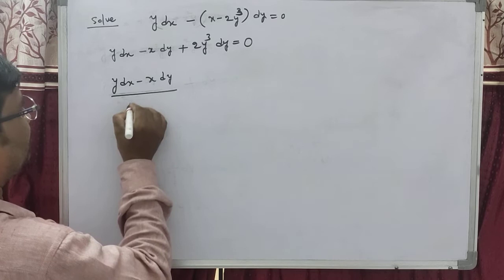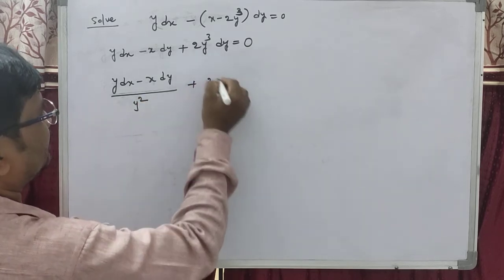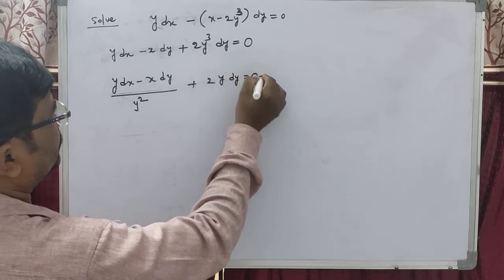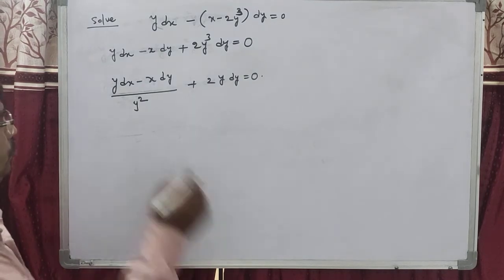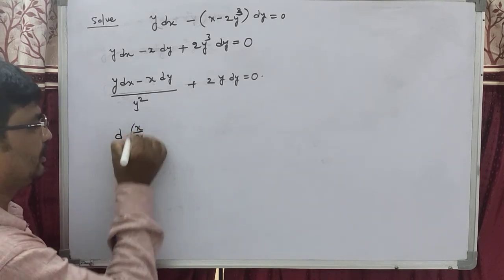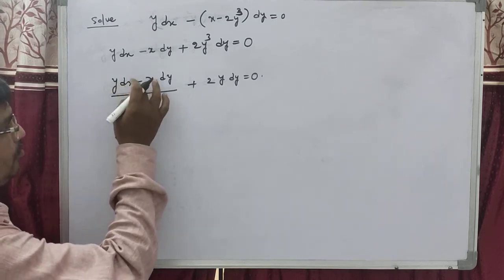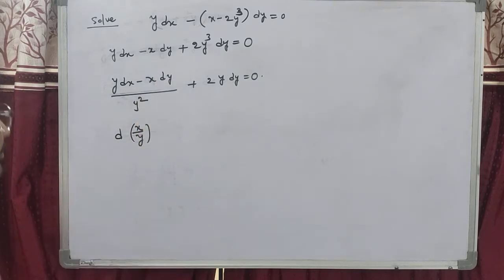Now students, we have to divide it by y square. Then we have 2y dy equal to 0. So dear students, how can you write this? We can simply write the derivative of x by y: y into derivative of x, dx, minus x into derivative of y, dy, over v square, which is y square.